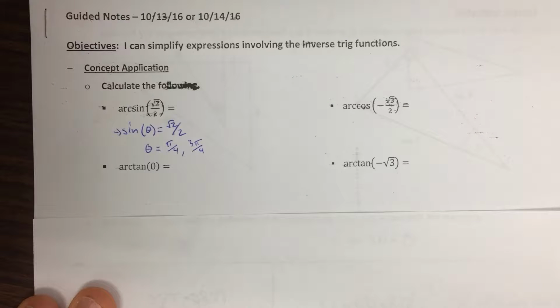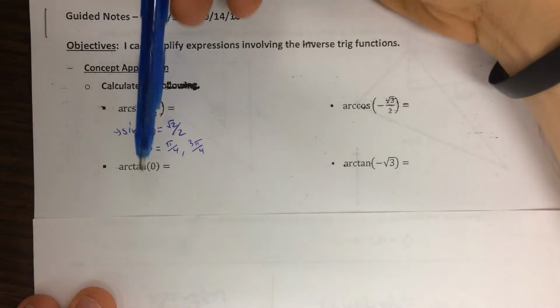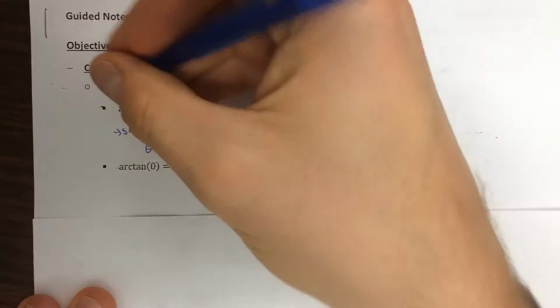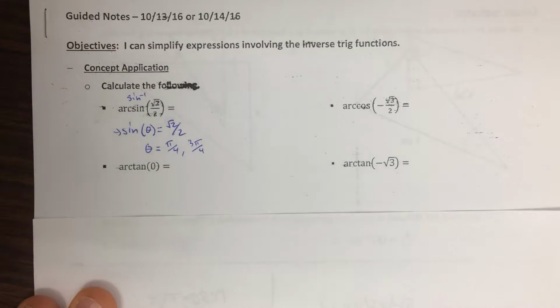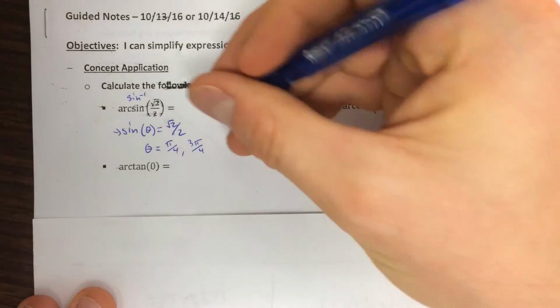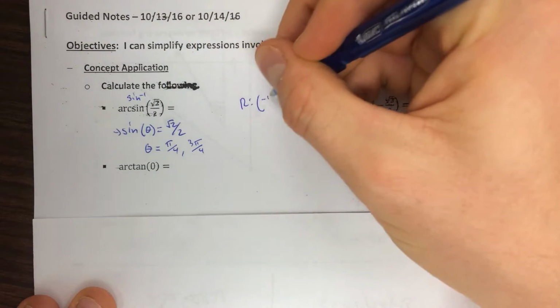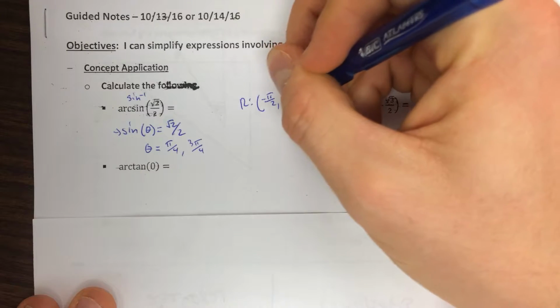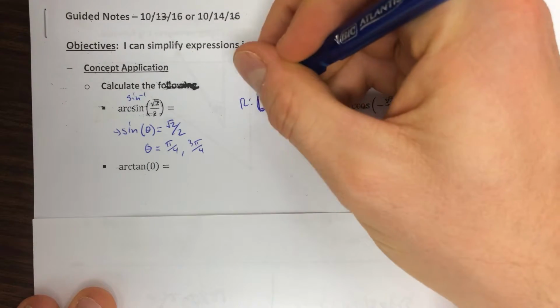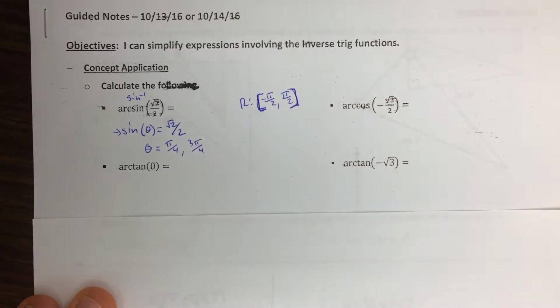But the problem, like we discussed on October 11th and 12th, is that we want these to be functions. Arc sine, this is also sine inverse. We want these to be functions, and so we restricted the range. The range for arc sine was negative pi over 2 to pi over 2. Those should be brackets because we include those for arc sine.